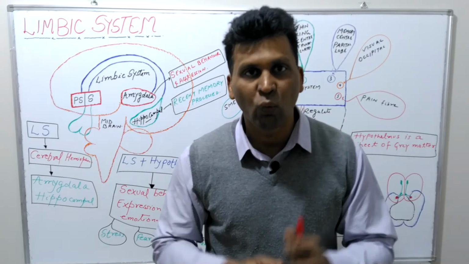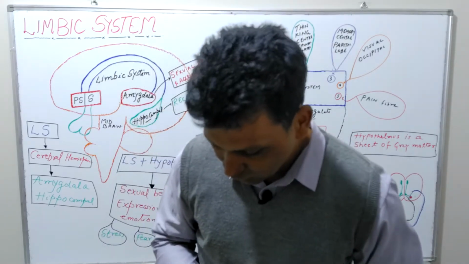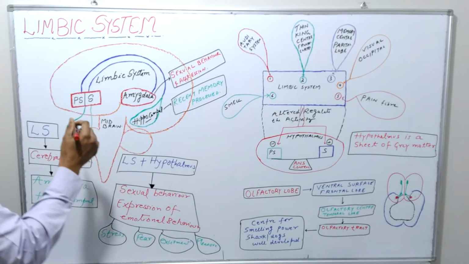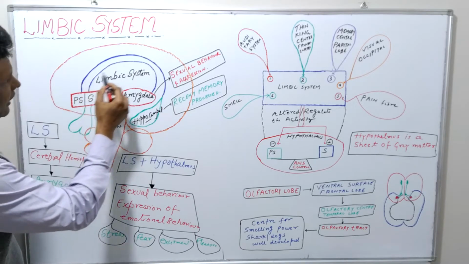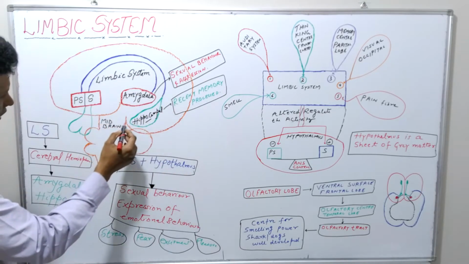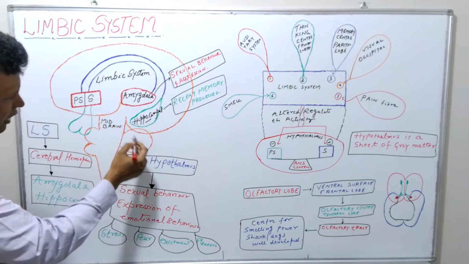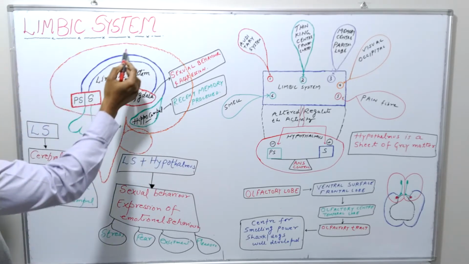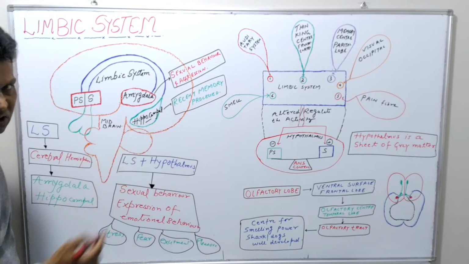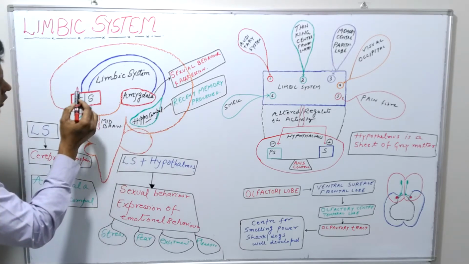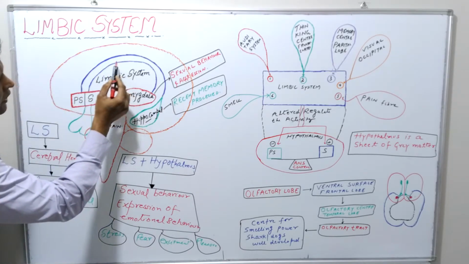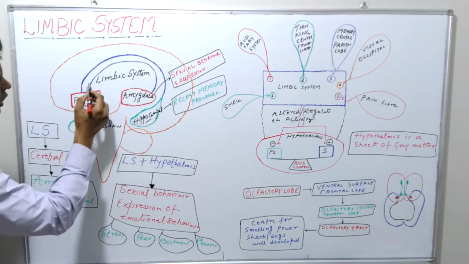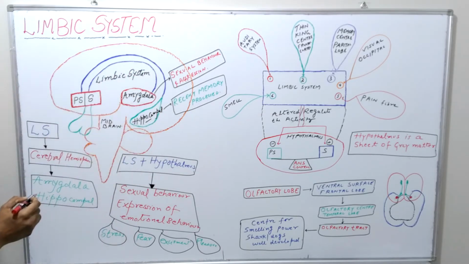So first of all, what is the limbic system? This is your brain, and this is your midbrain, pons, medulla, and cerebellum. This is your frontal lobe, parietal lobe, temporal lobe, and occipital lobe. This structure is your limbic system.